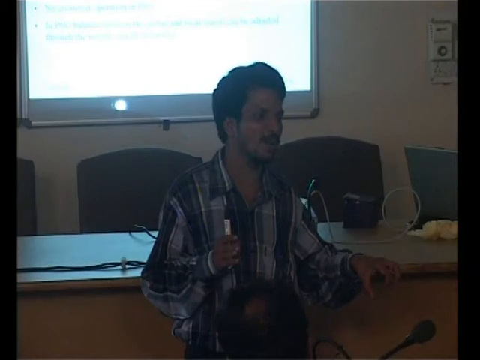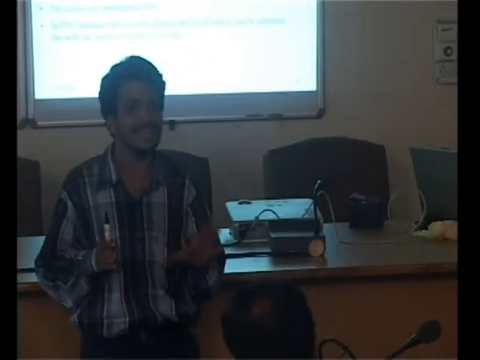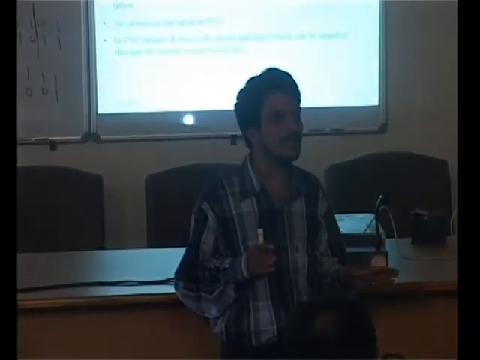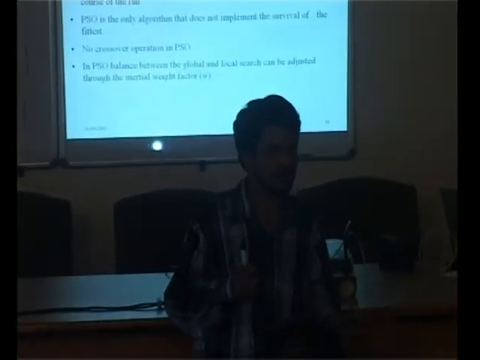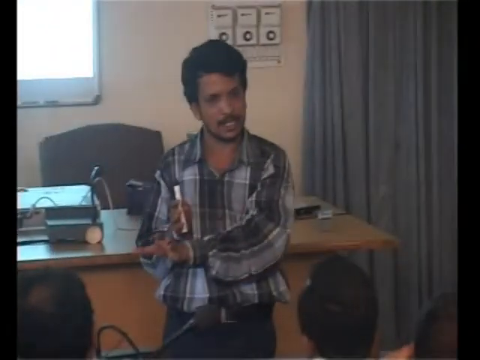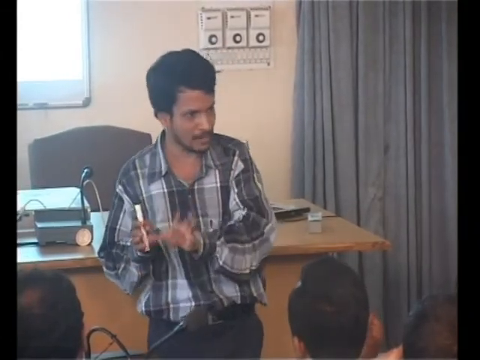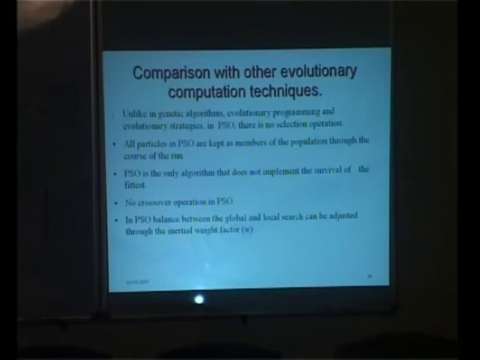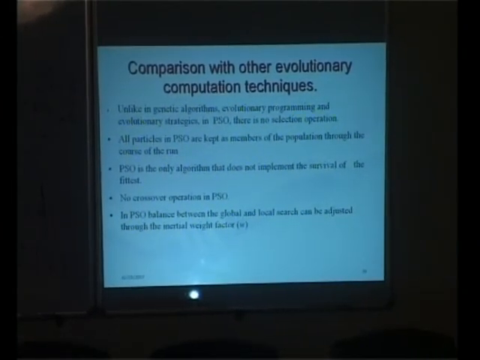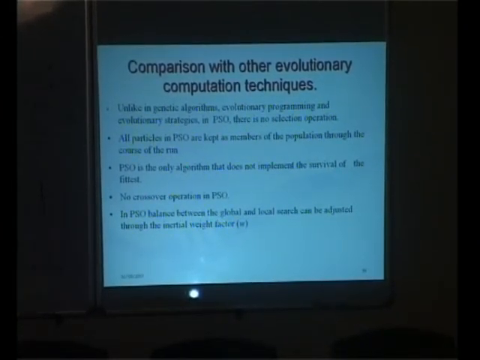So in comparison, the computation time in PSO is generally smaller than in GA. Are you clear? Because we are completely eliminating one process, that is the selection of the best one. Then all particles in PSO are kept as members of the population throughout the course of the run.